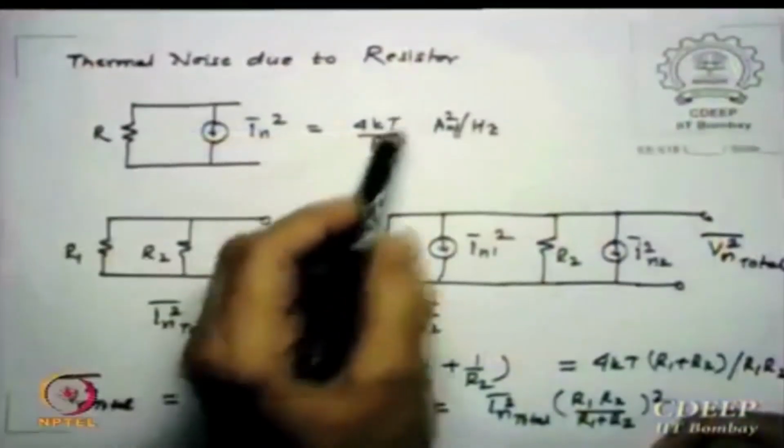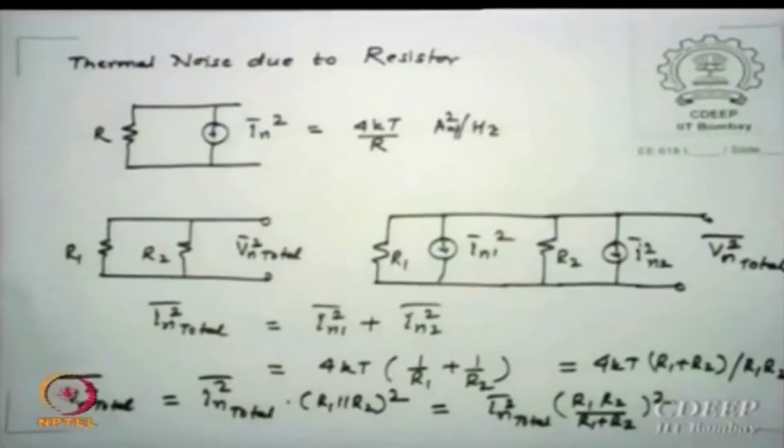Coming to the realities, we like to calculate thermal noise due to resistors. A typical resistor can have either a current source noise or a voltage source noise. If you write a current source here, then it is Im square, which is 4kT by R, amp square per hertz.